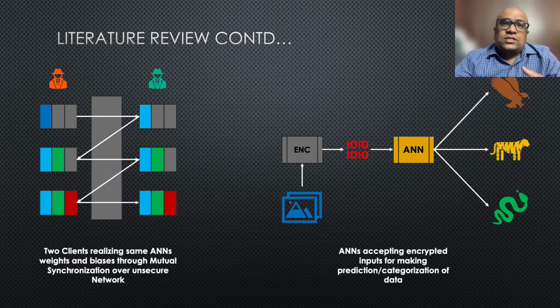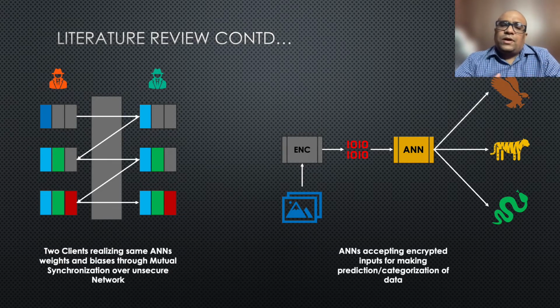Another type of research is mainly in the medical area, where sensitive images are encrypted, and ANNs are made to train on encrypted images. That is, they don't train on the actual images, they do categorization on encrypted images. So somehow they are able to understand the patterns in the encryptions, and they are able to work with encrypted data, and the data by itself is very sensitive, like human patient data or organs data or brain scans.